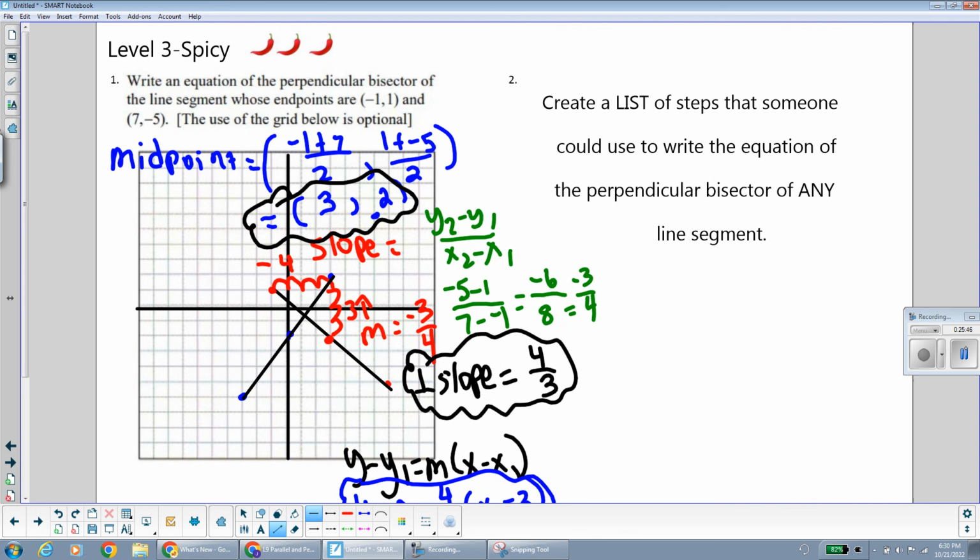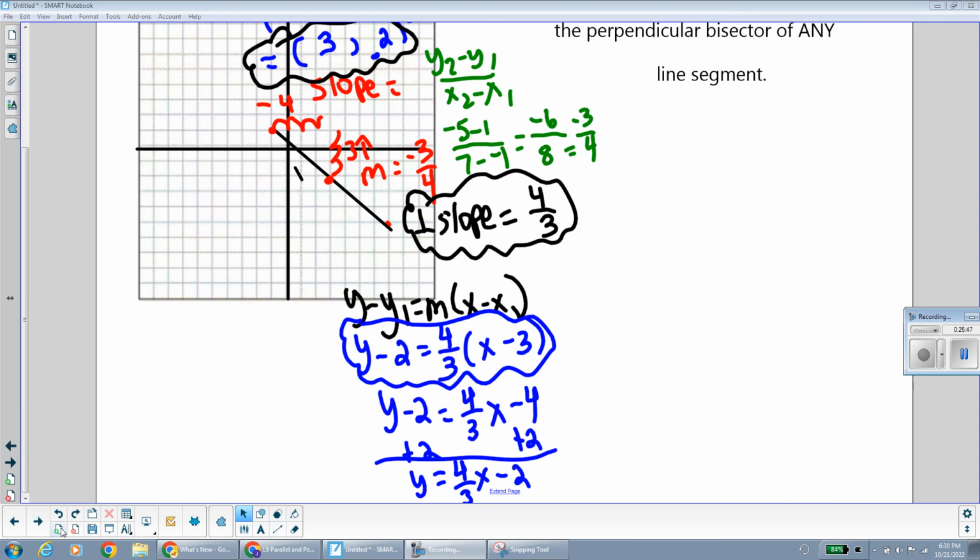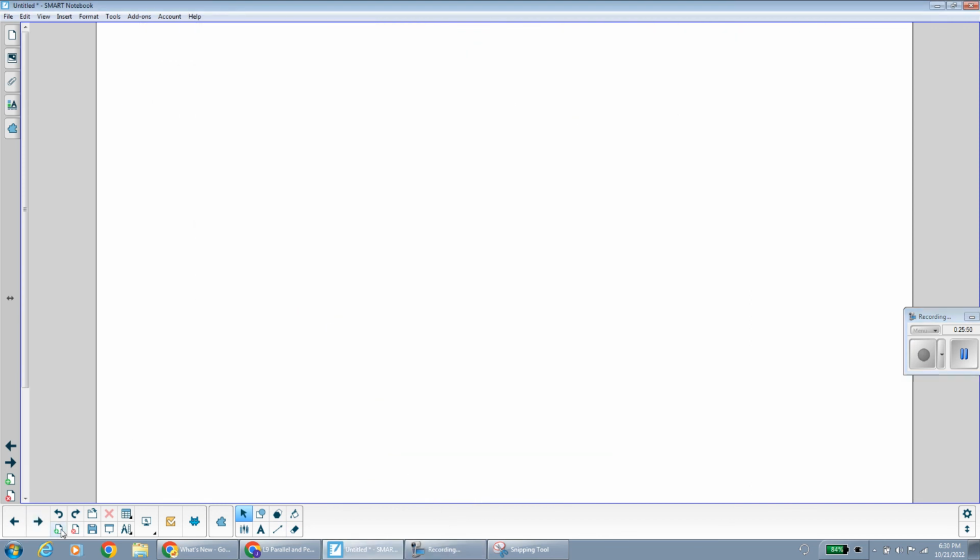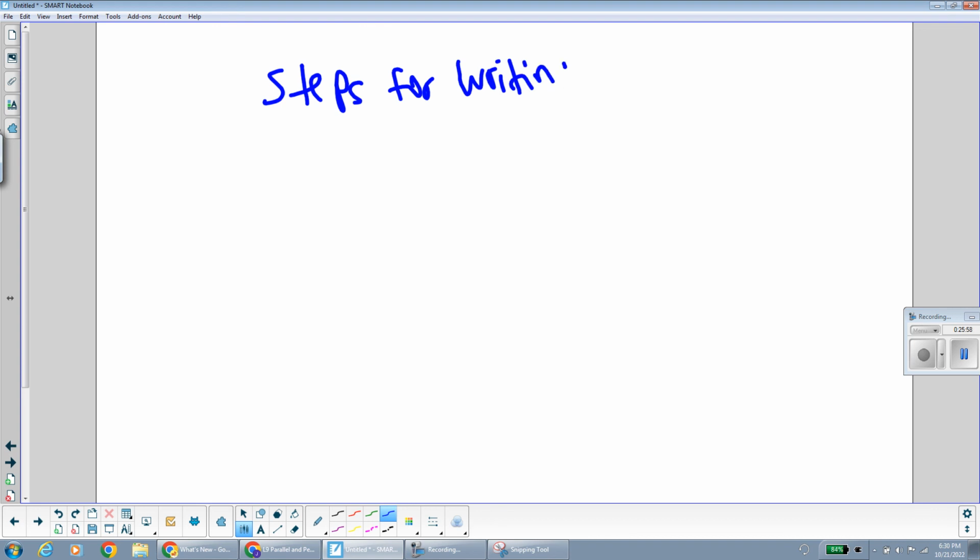Okay. We're going to write down these steps on the next slide so that we have some more space. So let's write this down. Steps for writing the equation of a perpendicular bisector.